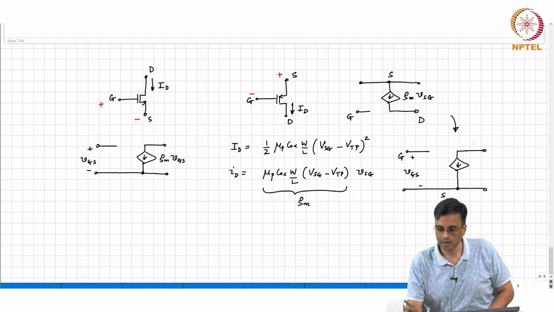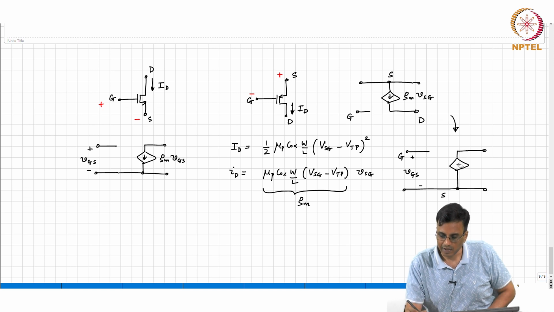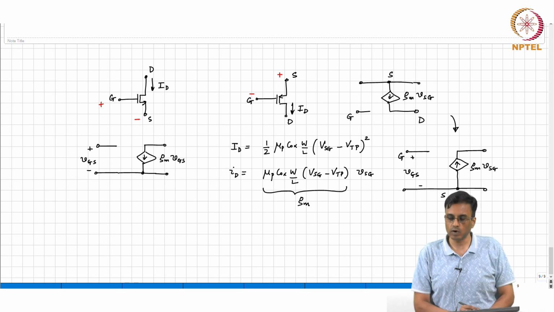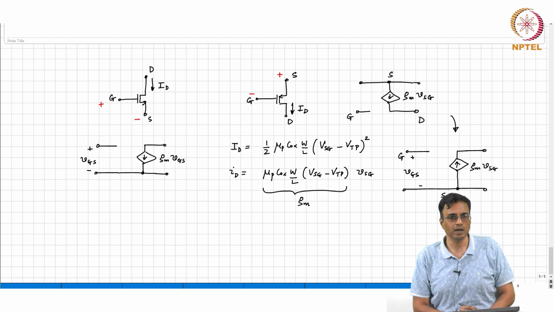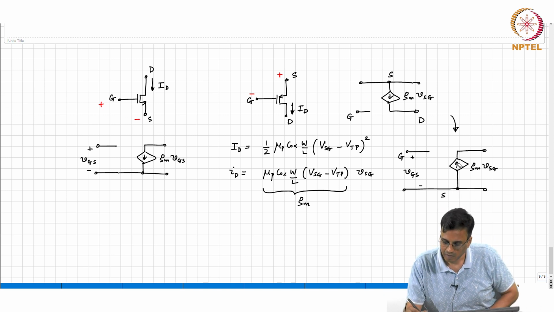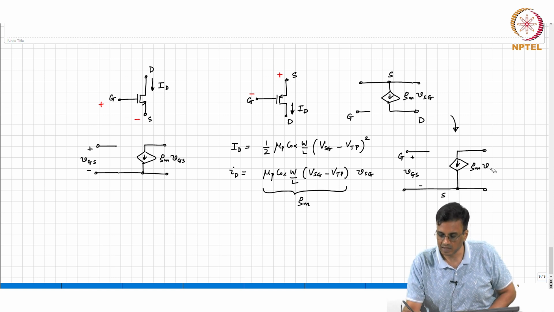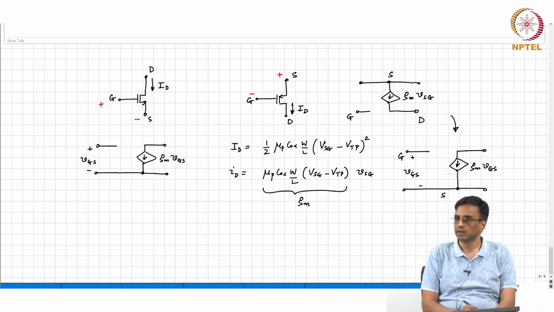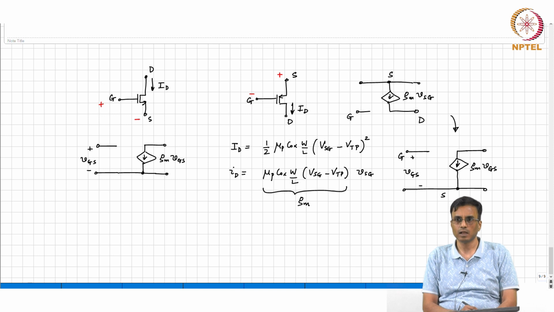When we turn it upside down, the current was like this, and this was Gm times VSG. So, now in terms of VGS, what will it be? Well, we keep that, call that Gm times VGS. Does it make sense, people?